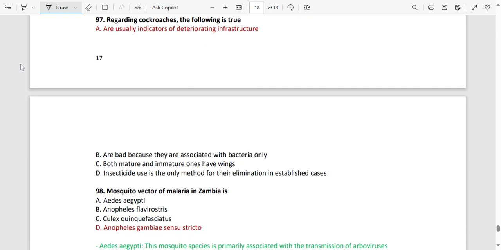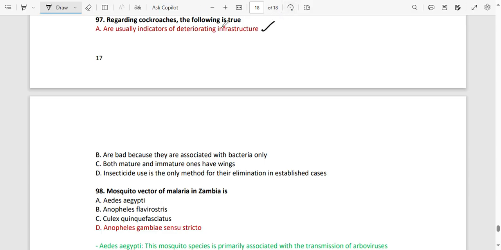Regarding cockroaches, the following is true. Usually indicators of deteriorating infrastructure are bad because they are associated with bacteria only. Both mature and immature ones have wings. Insecticides are the only method for their elimination in established cases.